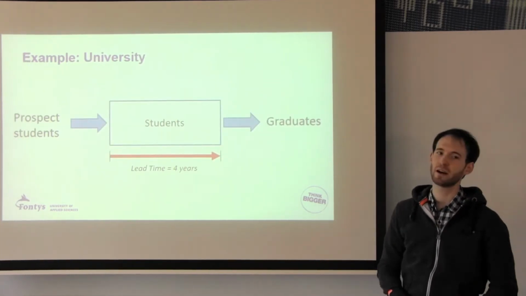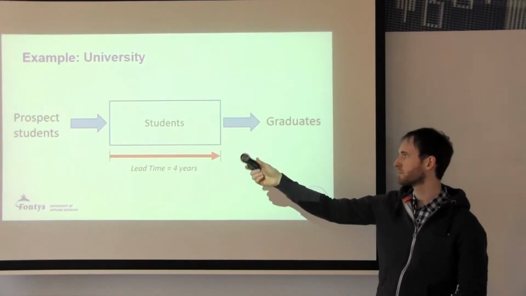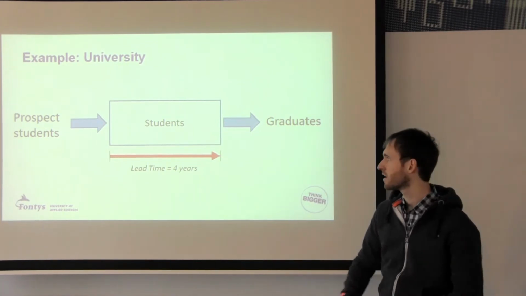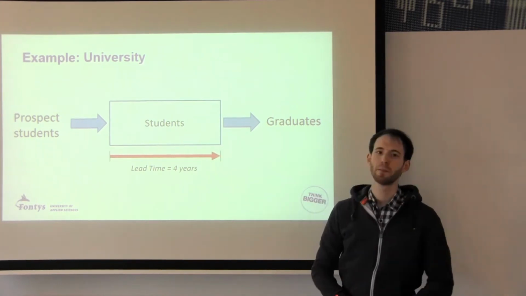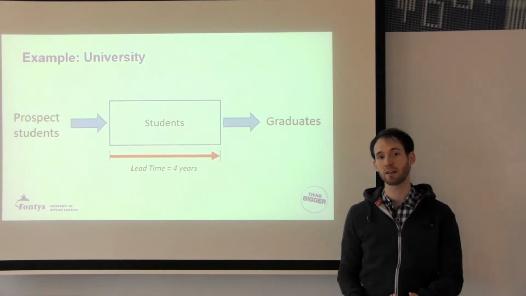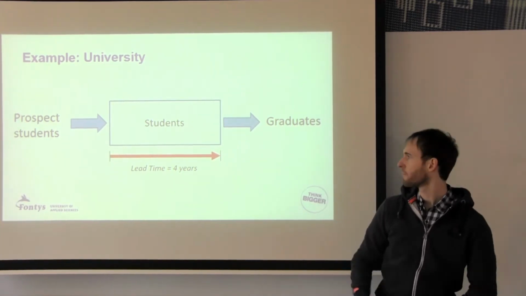So let's take the example of a university. Let's take the example of Fontis. We have prospective students. You were prospective students at one point in time. Now you're actual students. The amount of students in that box, so the amount of students we have on our campus, is the work in progress. So what is the amount of units in the process?